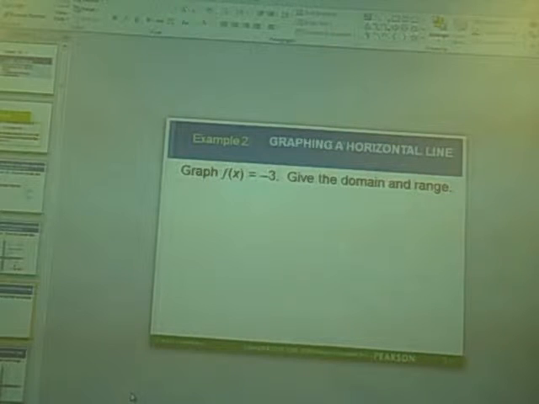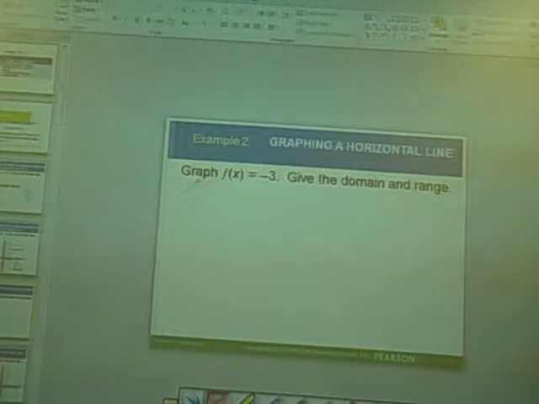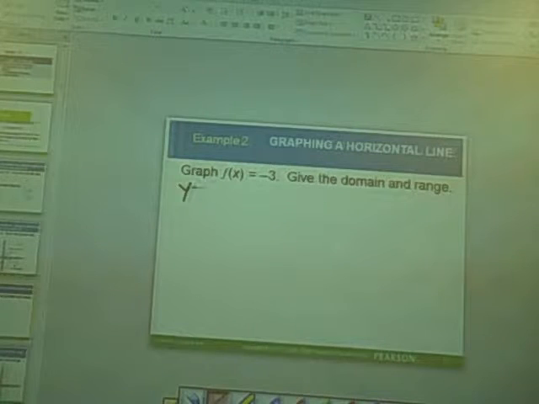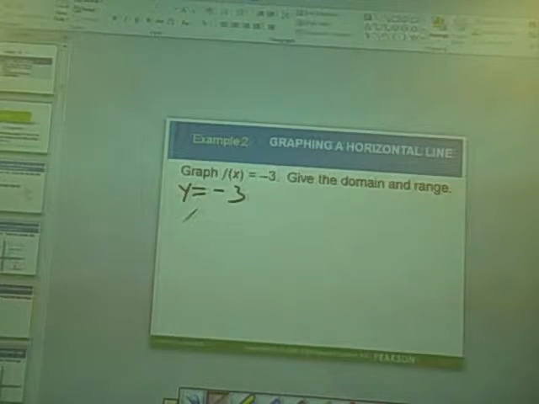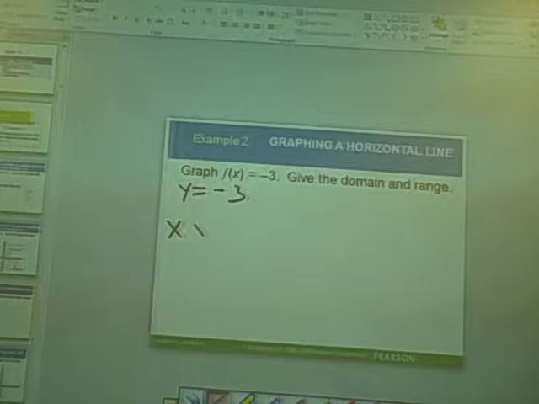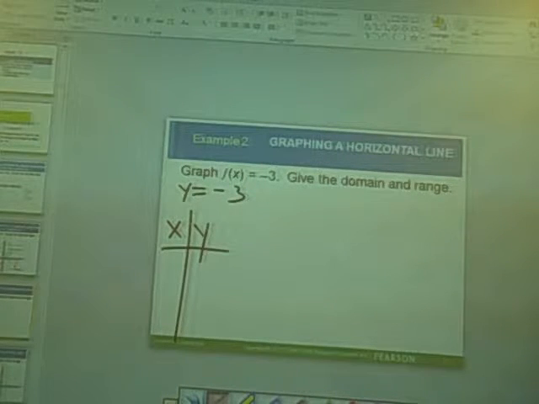Okay, we want to graph f of x is equal to negative 3. Give the domain and range. Now here, this would be the same thing as if we were to say y equals negative 3. So if we were to work this using a table of values, the negative 3, would that go under the x or the y?